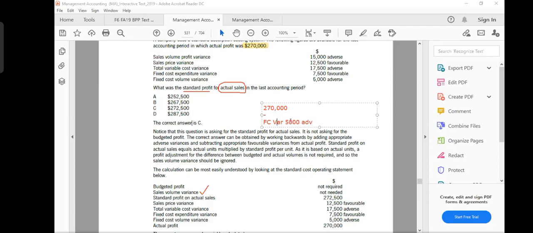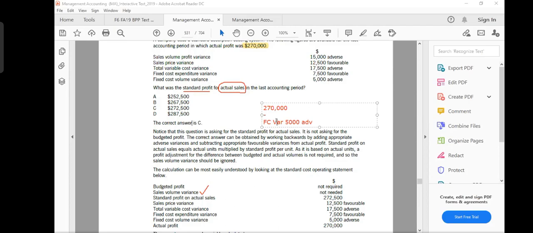No, first talk about fixed cost. It means that actual fixed costs were $5,000 more, right? Yes. If actual fixed costs are 5,000 more, then profit will be 5,000 less, right? Yes, sir. Adverse variances decrease your profit. Yes, I got it.